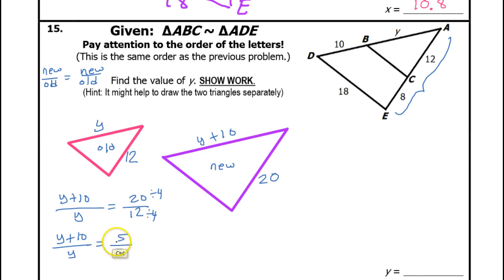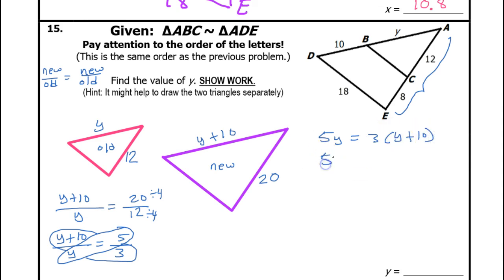So I need to cross multiply. If I multiply this diagonal, it's going to give me 5y. And if I multiply the other diagonal, that's 3 times y plus 10.